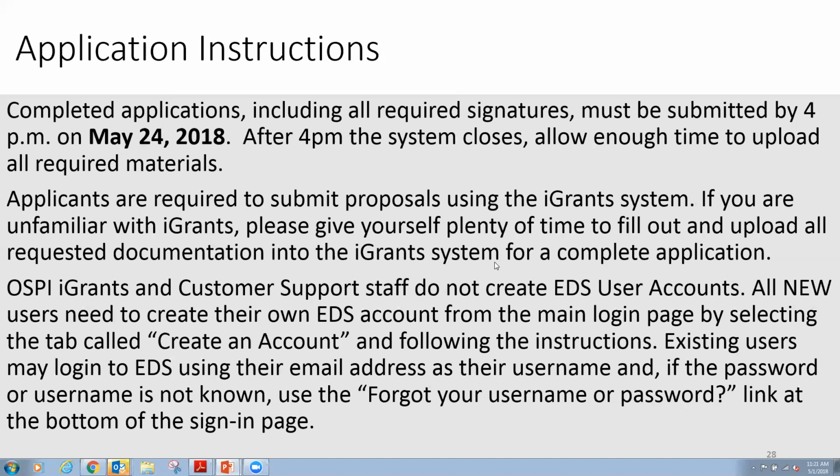There's also another layer of communication to the community in terms of informing potential stakeholders and partners about the opportunity that you're presenting and opportunities for partnership and collaboration.